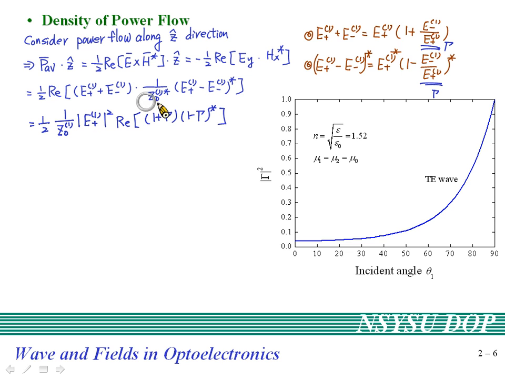So we can express these two by using these two and have this one. And because Z_01 is a real number, the conjugate of Z_01 is still a real number, so you can take it here.